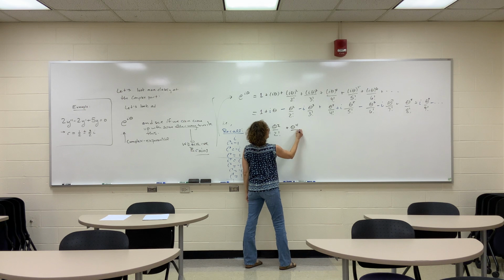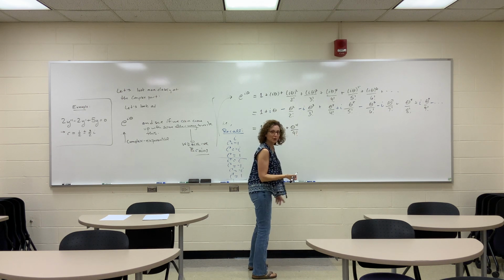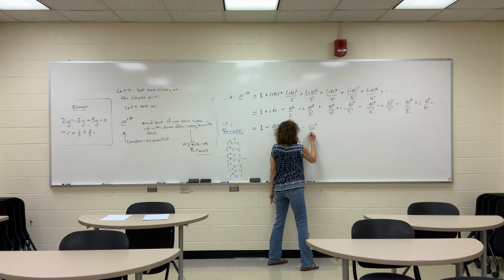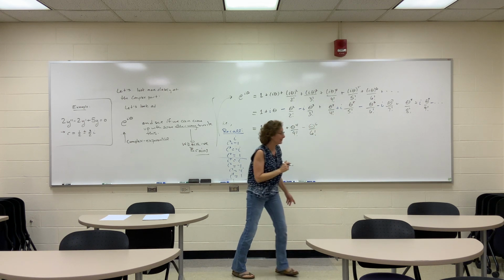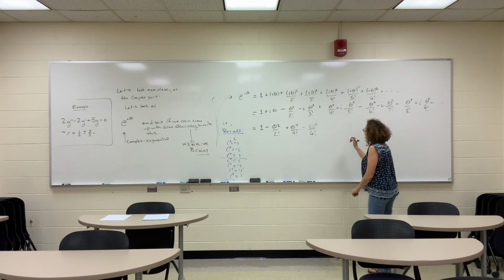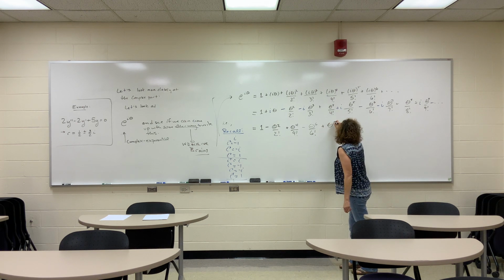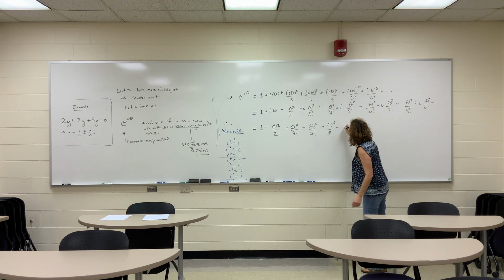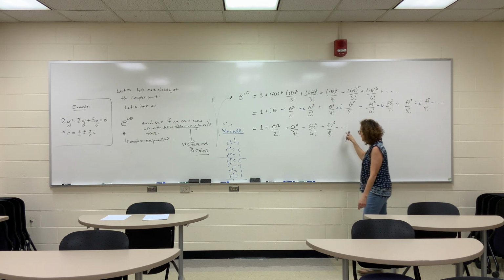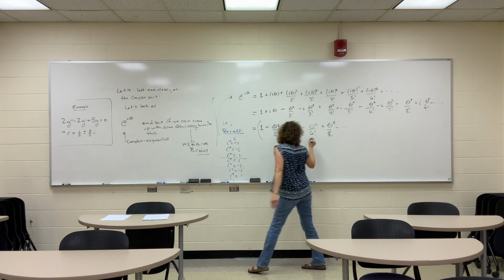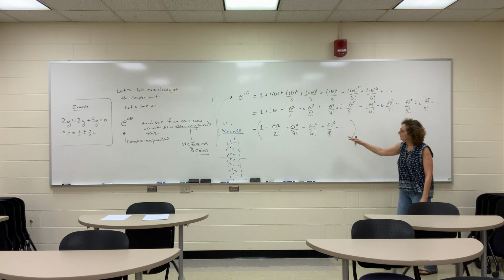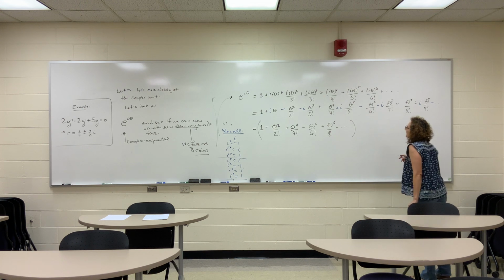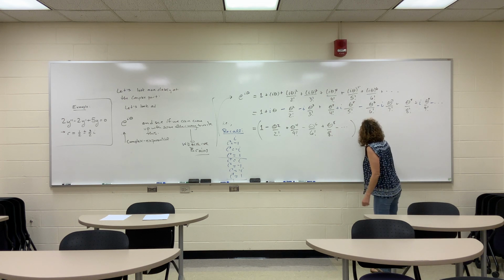So plus theta to the 4th over 4 factorial, minus theta to the 6th over 6 factorial, plus theta to the 8th over 8 factorial, minus dot dot dot on and on forever, theta to the 10th over 10 factorial. We keep going with all even powers of theta here.